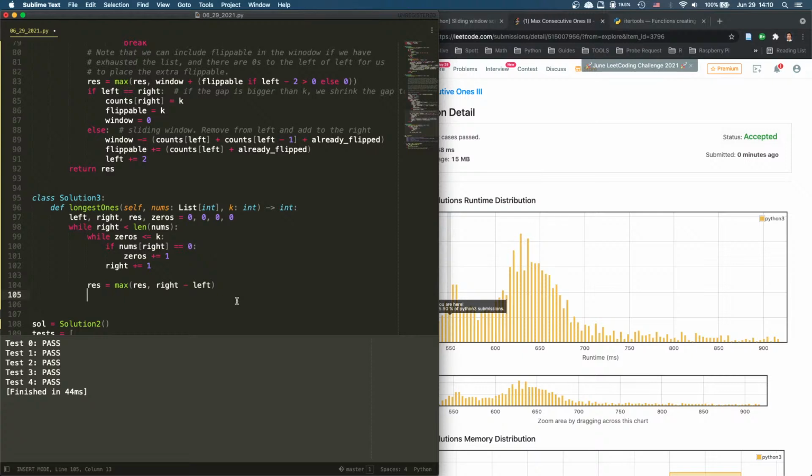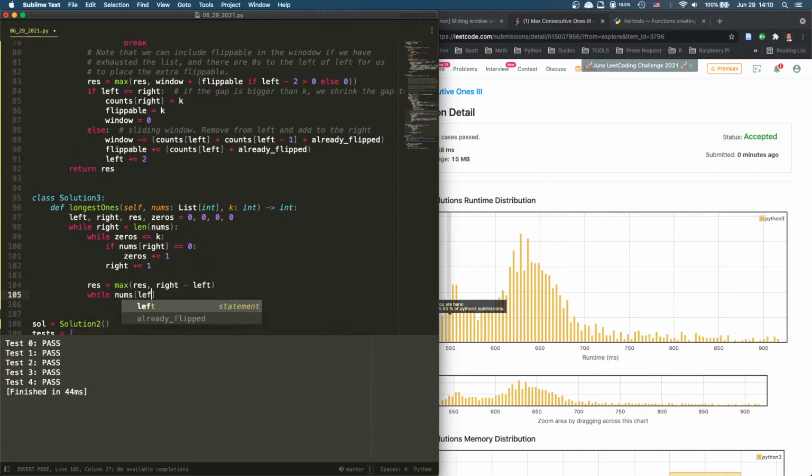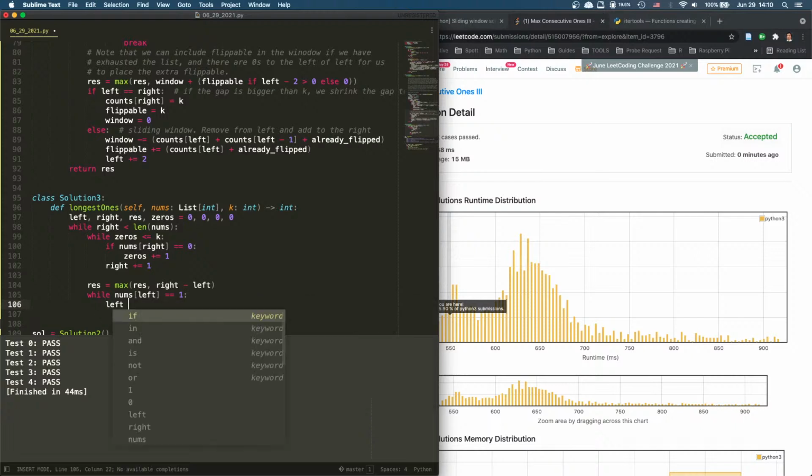We shrink until the first zero, so we say while nums left is equal to 1, left plus equal to 1. Once we get out, I'm going to shrink a zero, right?